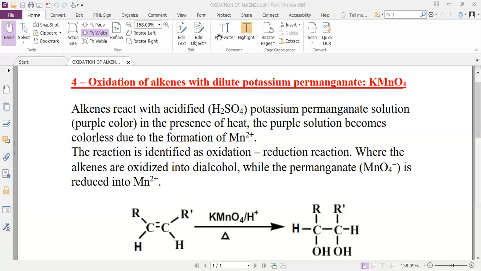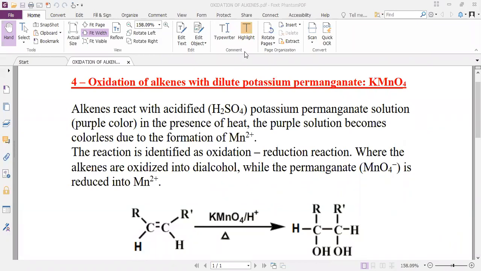Diluted solution means that it has a low concentration. Potassium permanganate is of low concentration and must be acidified.